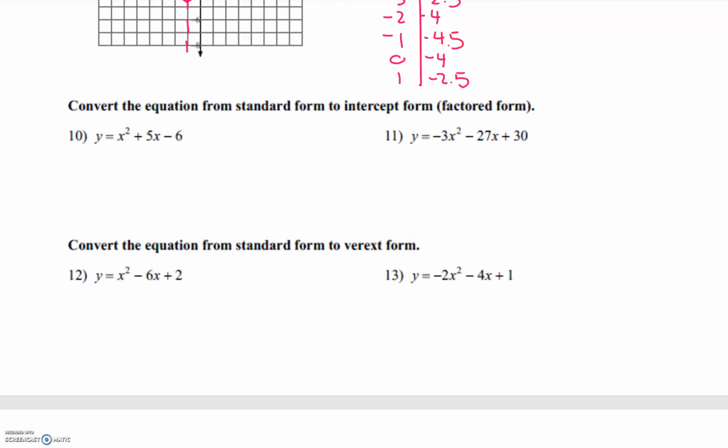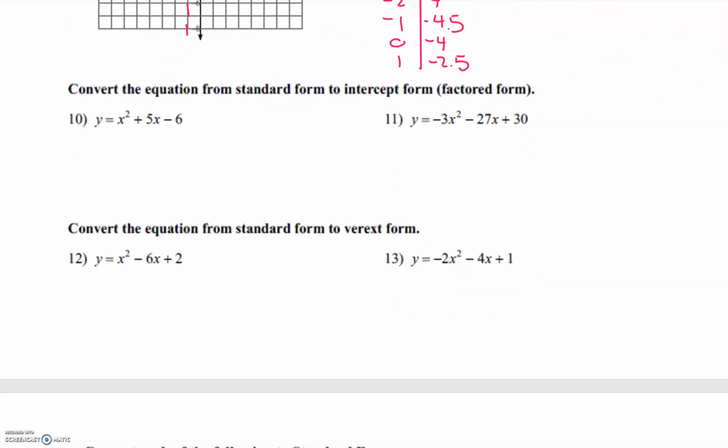Then we've got down here, starting with number 10, we are looking at converting from one form to another. So number 10 and number 11, these ones are in standard form. So please remember standard form, y equals ax squared plus bx plus c. Intercept form, remember that means it's in its factored form.